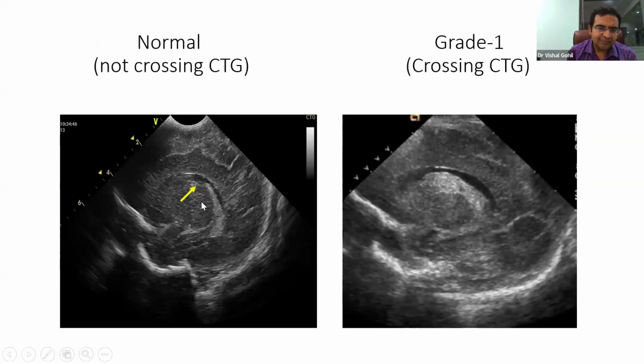In this image you can see the echogenicity is not crossing your CTG, the caudothalamic groove. That means this is a part of the choroid plexus, not a part of the IVH. And in this image the echogenicity is crossing the CTG over here, and this is your grade 1 IVH.